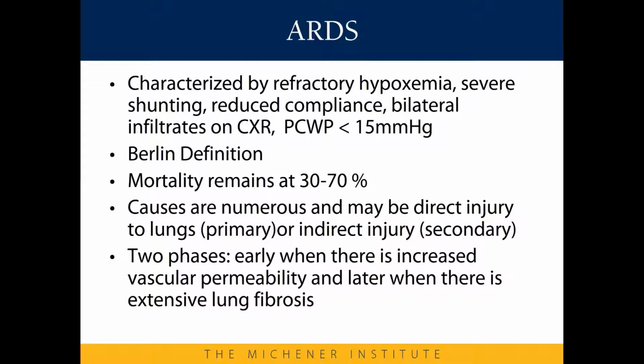One, which is early, when there's increase in vascular permeability, and the latter, after the vascular permeability, where the inflammatory cascade occurs. It then leads to extensive lung fibrosis, which causes our lungs to be less compliant and stiffer to ventilate.